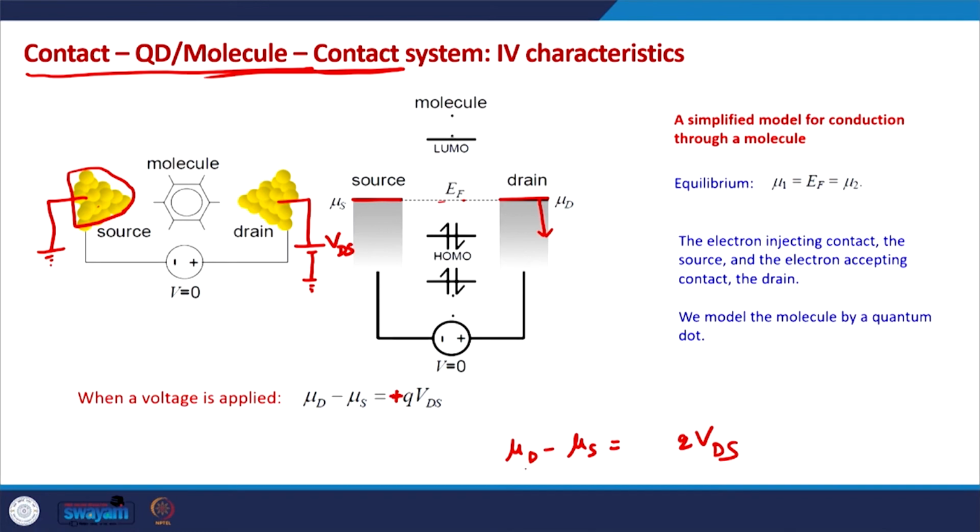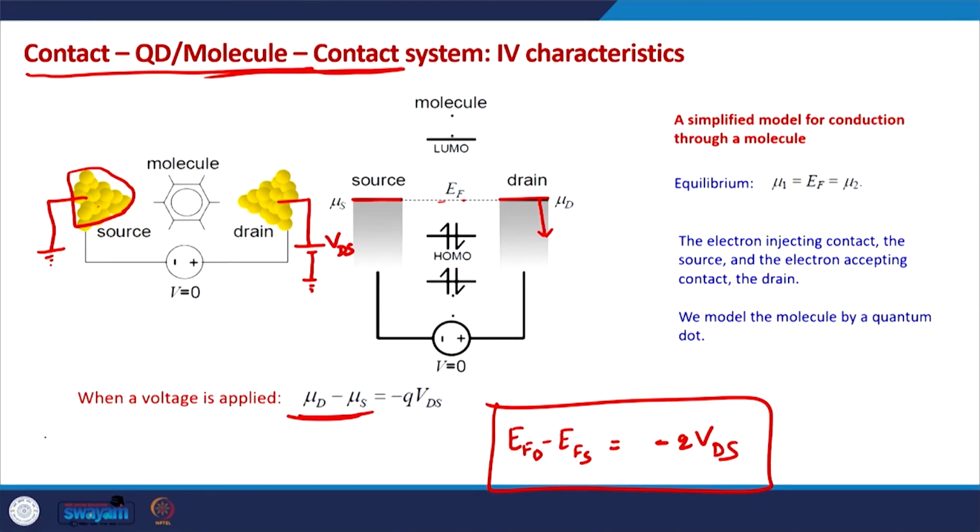these are the potential energies of the contacts, but if we write it in terms of Fermi levels, the Fermi level of the drain EFD and the Fermi level of the source have a difference of Q times VDS. Minus Q times VDS, no, yeah, this is correct.